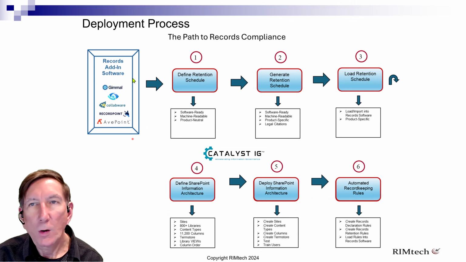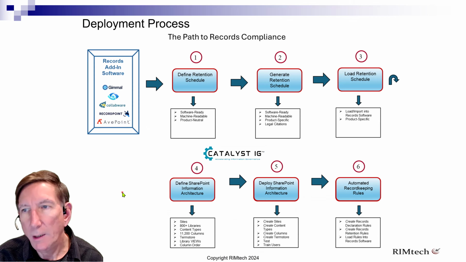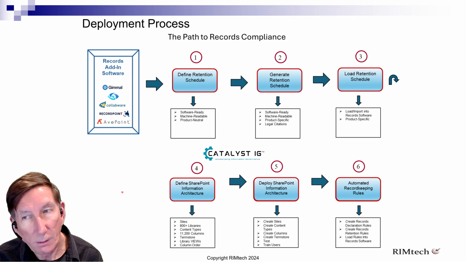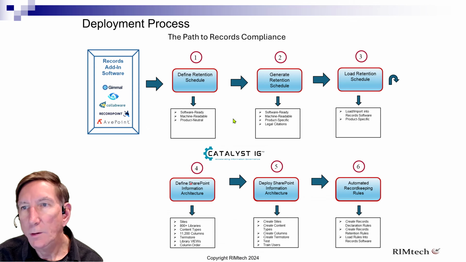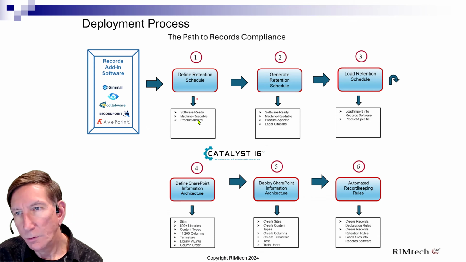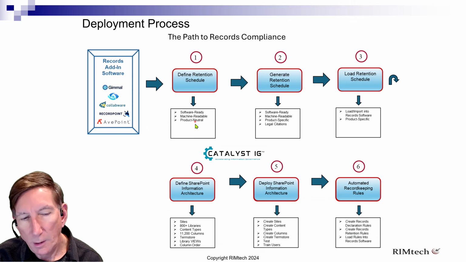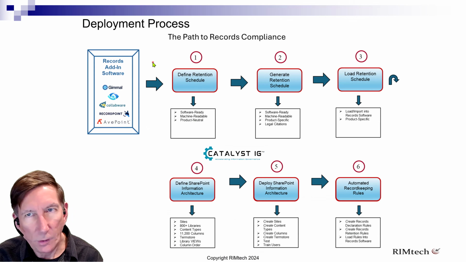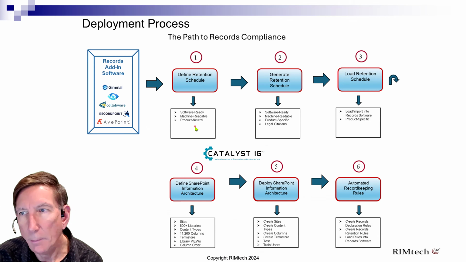Okay, so no matter which of these 5 products you buy, here's a cold, hard reality. You have to go through 6 steps to get this system to an EDRMS state. What do you have to do? Well, the first thing you have to do is rewrite your retention schedule so that it's machine readable, okay, and product neutral. It's the first step along the way to going inside your record software, okay, the first step.